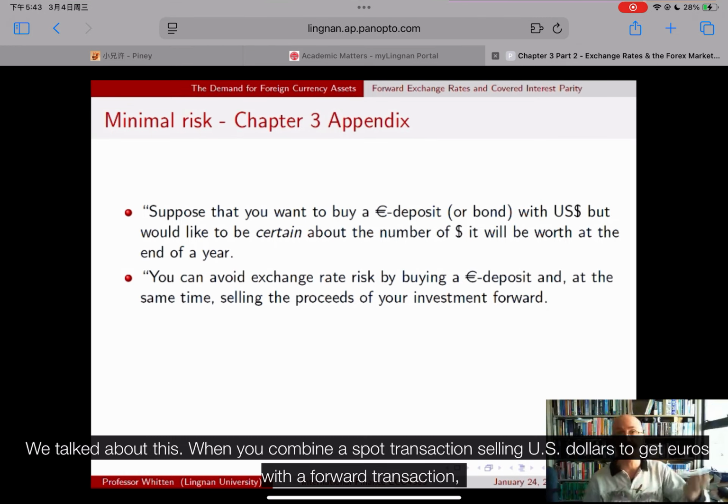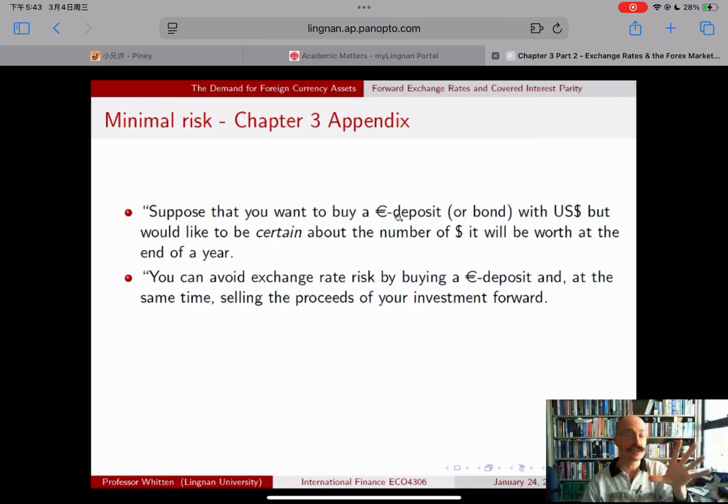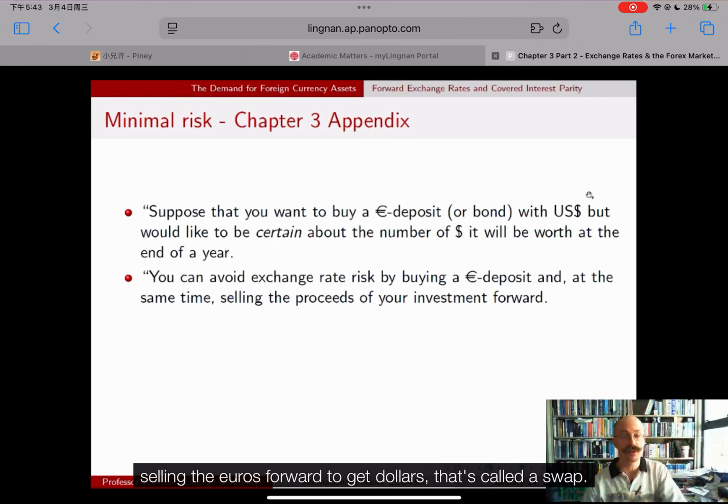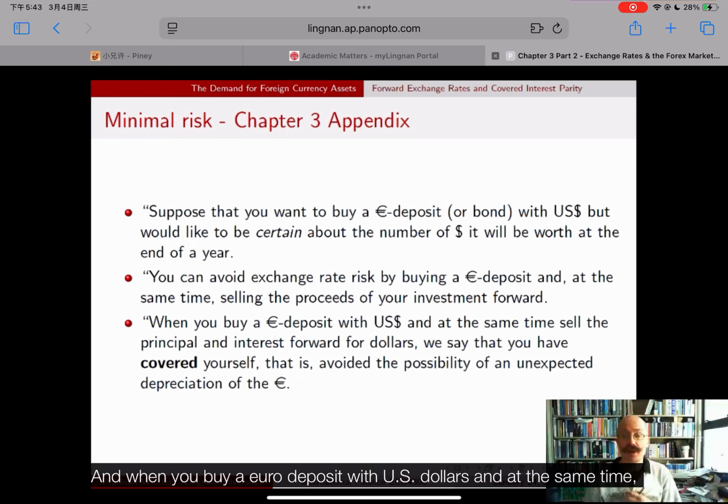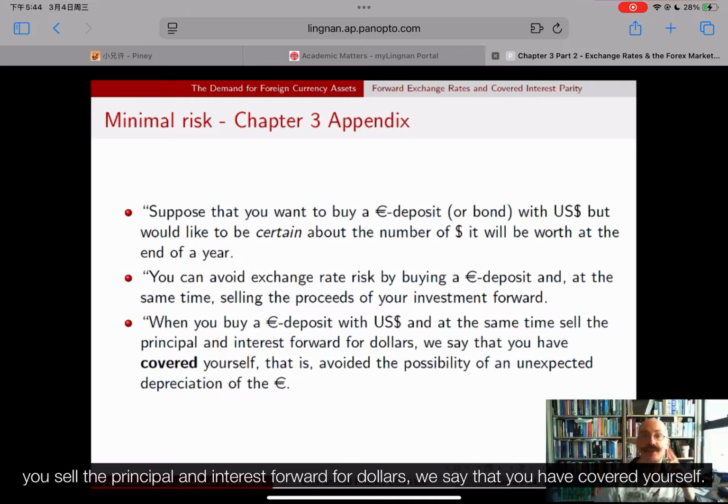We talked about this when you combine a spot transaction, selling US dollars to get euros, with a forward transaction, selling the euros forward to get dollars. That's called a swap. And when you buy a euro deposit with US dollars, and at the same time you sell the principal and interest forward for dollars, we say that you have covered yourself.